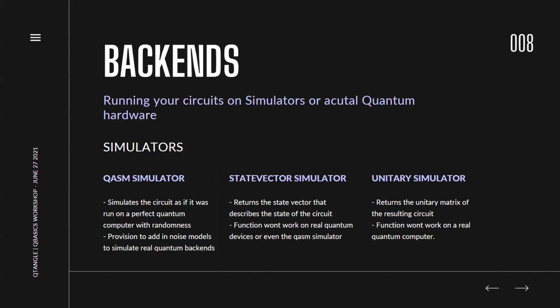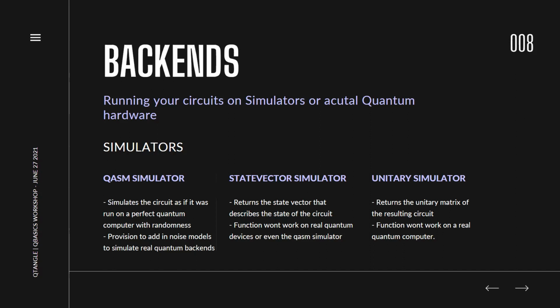The next thing we have is the state vector simulator. Let's say you are making circuits and you want to confirm what state you're in, or whether you're going in the right direction. You can look at the state vector of the simulator, but you can only do this when you are working on a simulator.